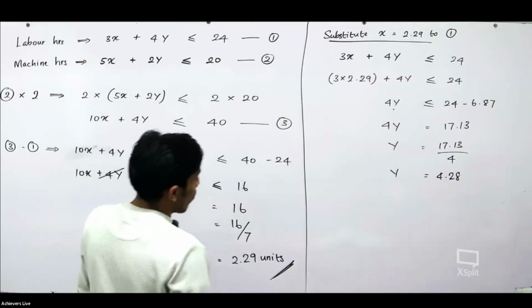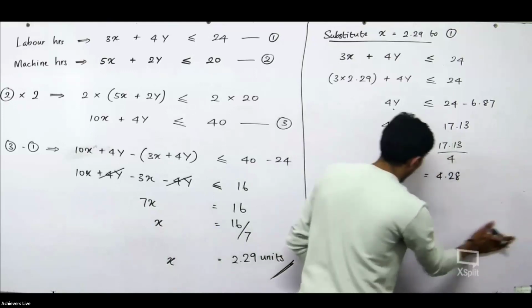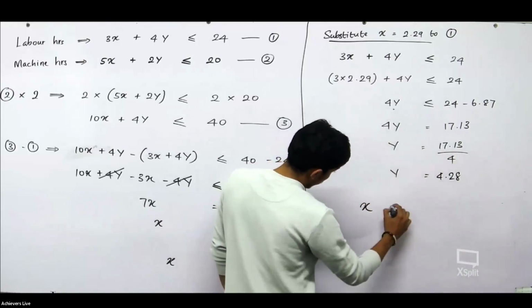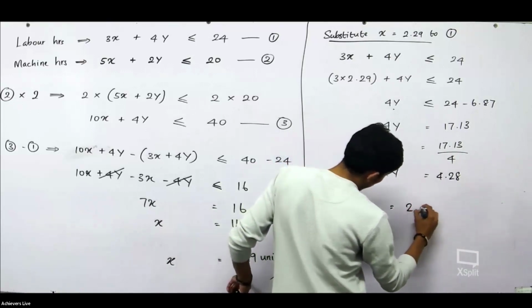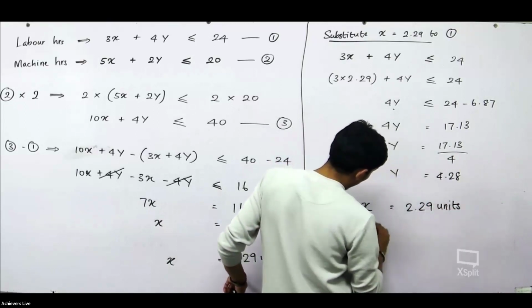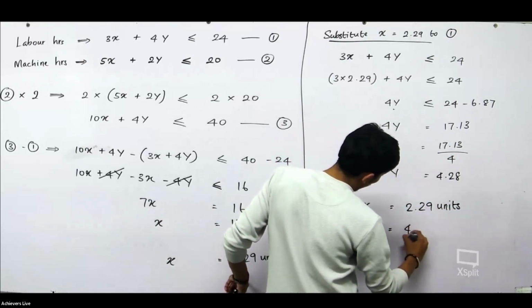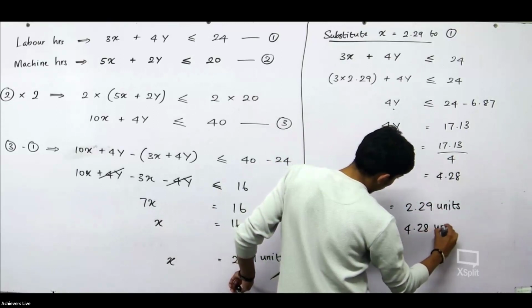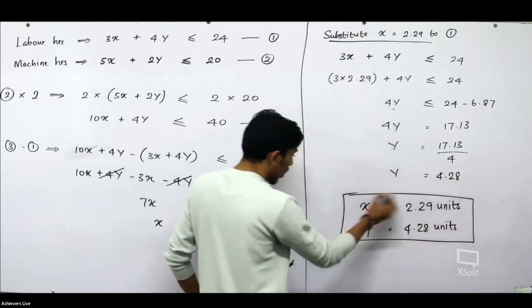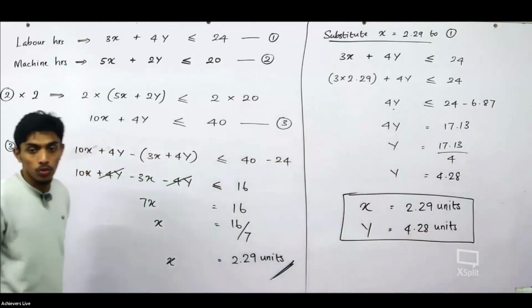So your optimum production plan will be X, how many units? 2.29 units. Y, how many units? 4.28 units. This will be the plan which will give you the maximized contribution.